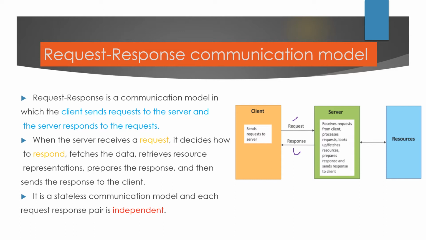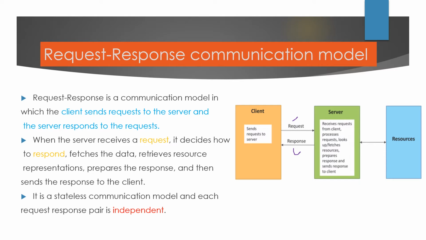It will understand what type of request they are sending, then looks up and fetches the resources, that is, the resources which are needed to give a proper response to the client. Then it prepares a response and sends the response to the client.